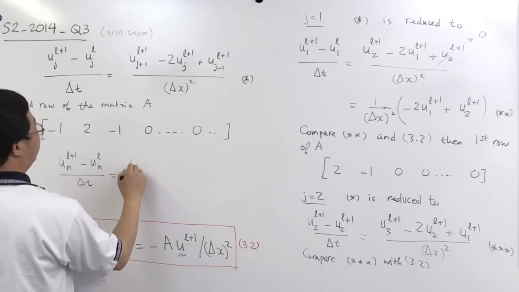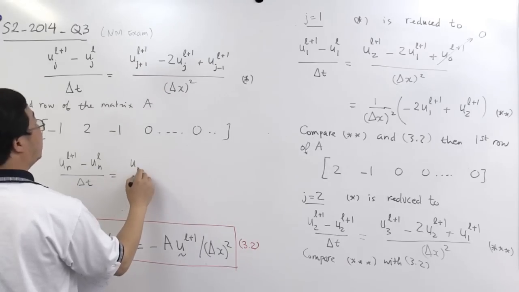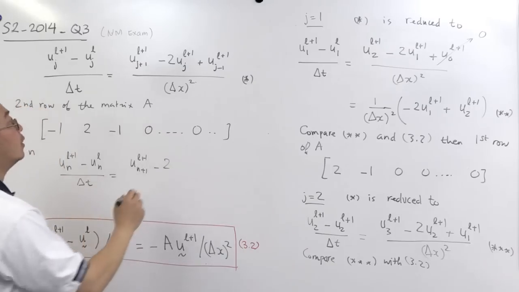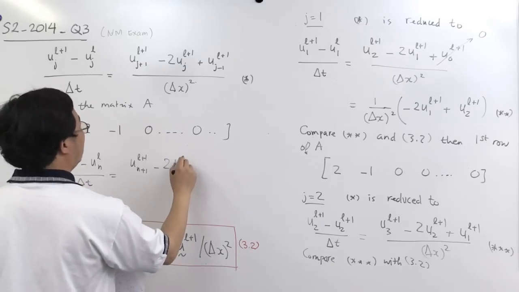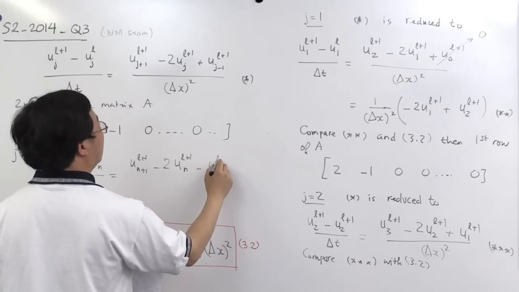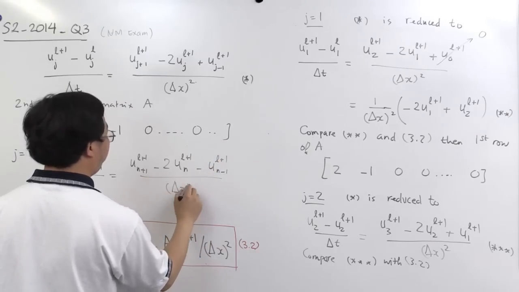And then you have u, because j equal n, so you have n plus 1, L plus 1 here, minus 2 u n L plus 1, minus u n minus 1 L plus 1, divided by delta x squared.